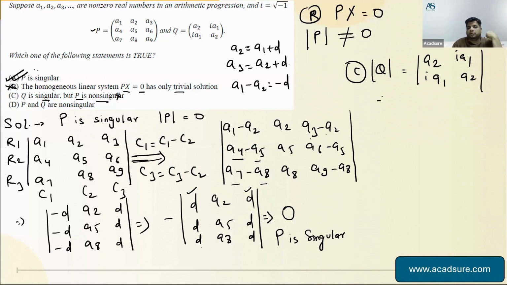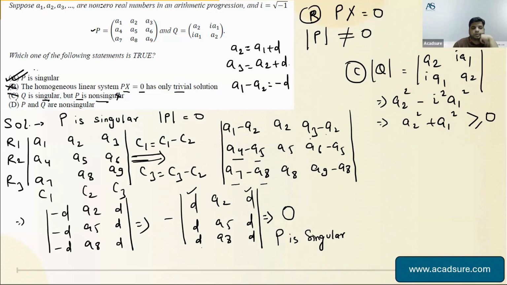To find the value, we get A2 square minus iota square A1 square, which is A2 square, iota square is -1, so plus A1 square. And that is definitely greater than 0. So Q is not singular.